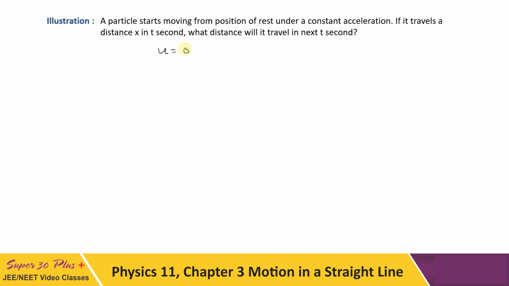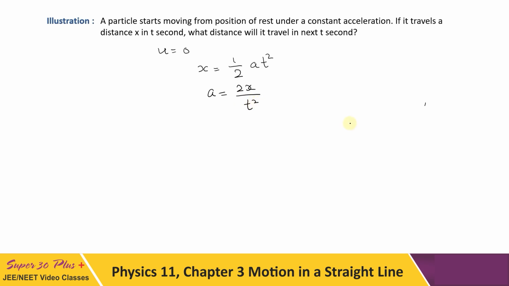It is traveling a distance x in t seconds. So first let us calculate the acceleration. How can we write it? x is equal to, u is given 0, so directly it will be half a t square. From here we get the value of a is equal to 2x upon t square.